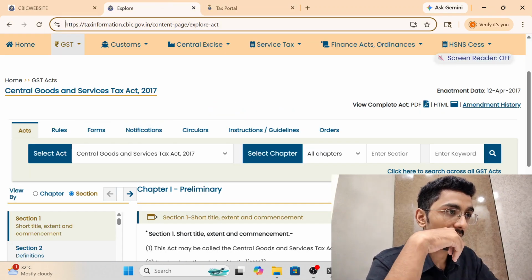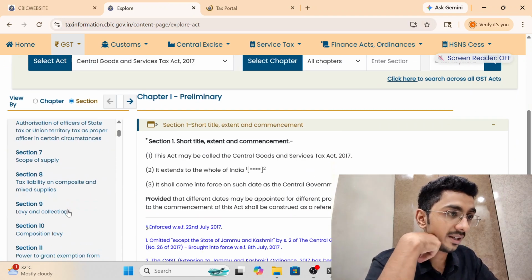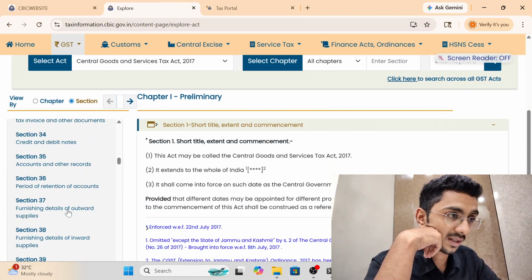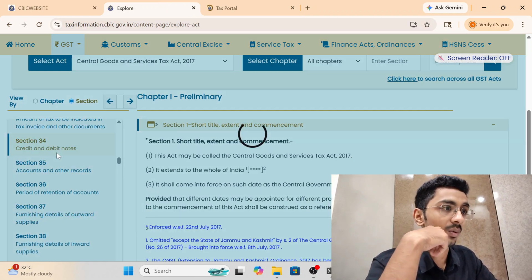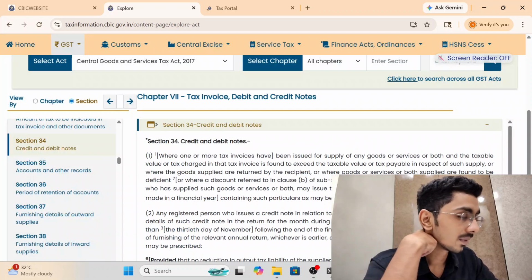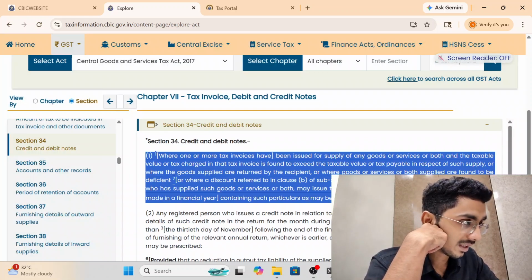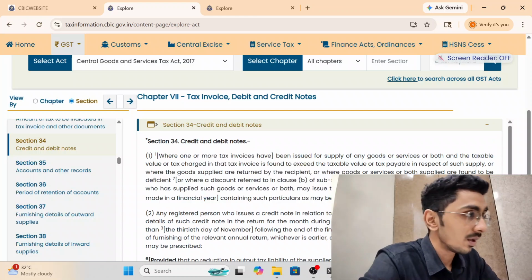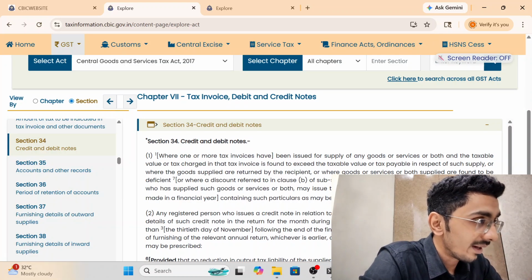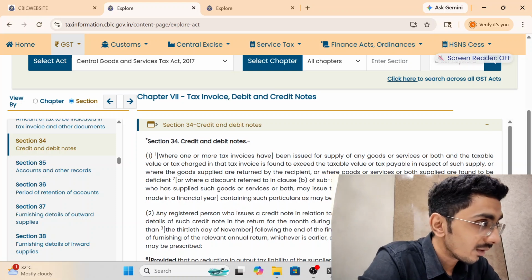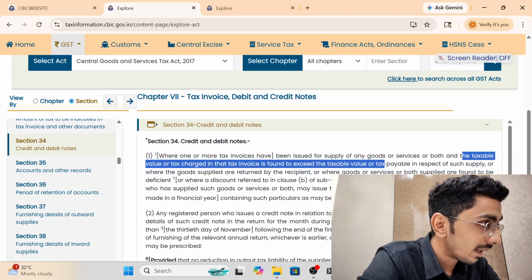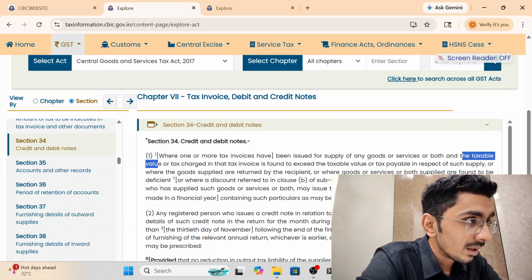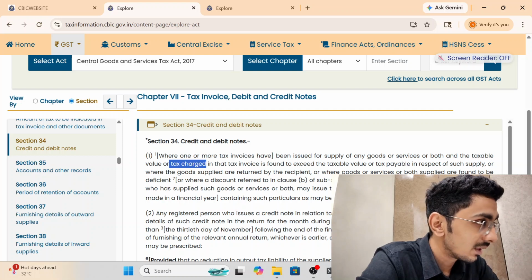In GST, you have to select Act, and first immediately come to section 34, which says credit notes and debit notes. The first condition tells you that for 5 reasons you can raise a credit note. I'll give you one by one where it is written, just for quick reference. First condition is the taxable value. Second one, tax charged.